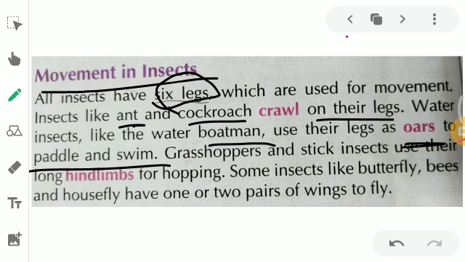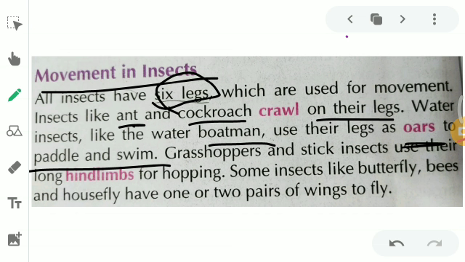You know how the boat can move by pushing the water backward with the help of a stick-like structure. In Telugu we say teddu. It pushes the water backward and the boat moves forward; that is called oars. Like that, these insects, like water boatman, use their legs to paddle. Which part can work as oars? Those are legs, and this helps to paddle and swim.